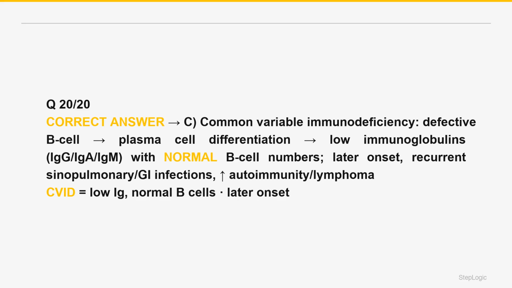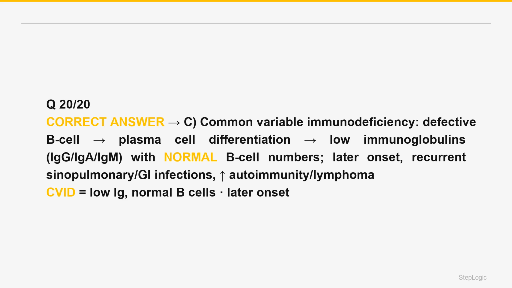The presentation distinguishes it from other antibody deficiencies. CVID typically presents late, in the teens to adulthood, often 20s to 30s, with recurrent sinopulmonary infections with encapsulated bacteria, leading to otitis, sinusitis, pneumonia, bronchiectasis, and GI infections, e.g. Giardia. It also carries an increased risk of autoimmune disease and lymphoma.